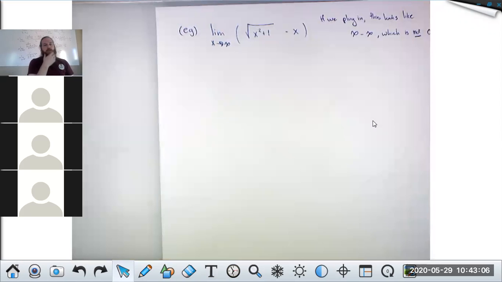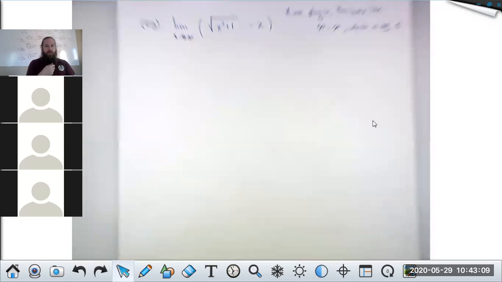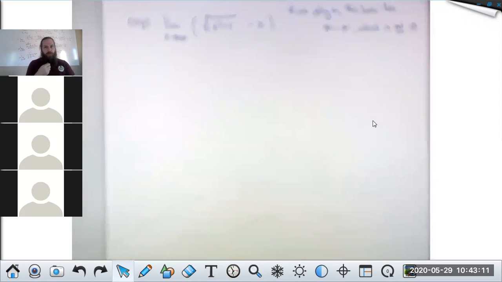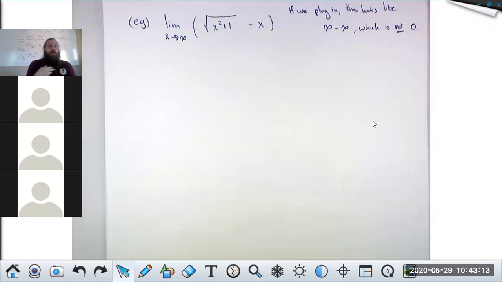Just like 0 over 0 isn't 1, infinity minus infinity is not 0. It's another indeterminate form. It could be anything.